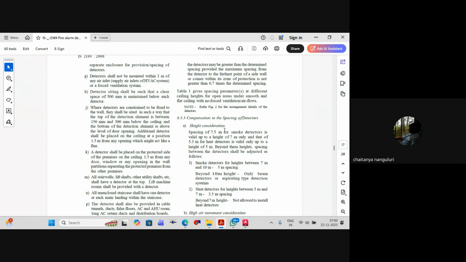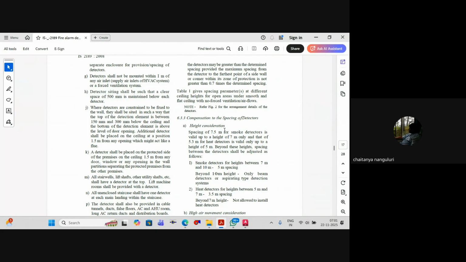So most consultants, irrespective of the type, take the distance between two detectors as 7.5 meters and draw it as a grid, to avoid this confusion. Because if you place detectors 7.5 meters apart, any part of the ceiling will definitely be less than 7.5 meters away. That's the reason we do this exercise.